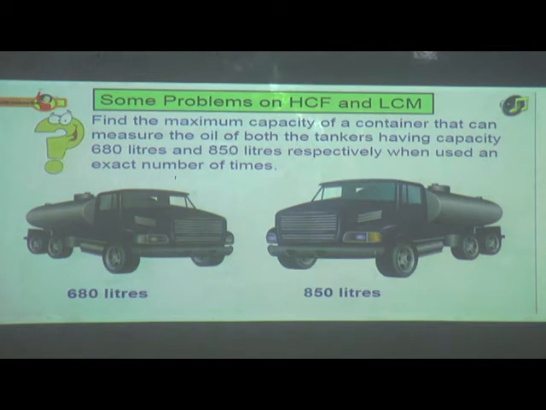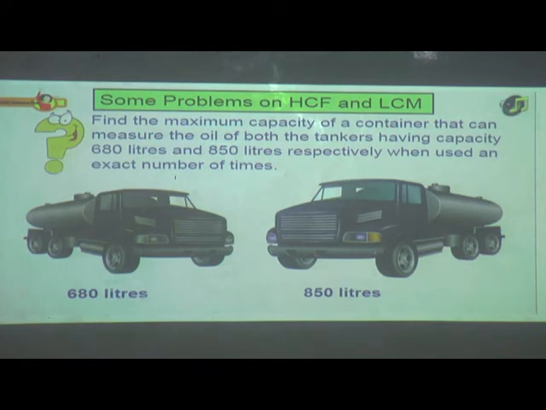One tanker has a capacity of 680 liters and the other has a capacity of 850 liters. So we have to find a number which is the maximum capacity to measure the oil in both containers.